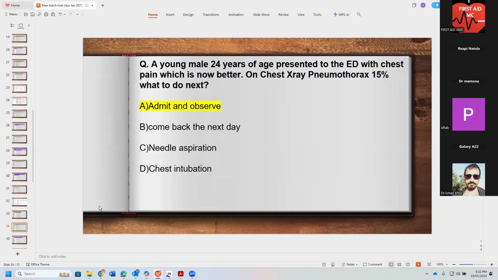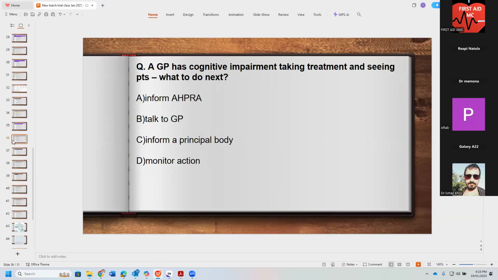So these patients should be given information that they're not supposed to fly in an aeroplane, no scuba diving, no skydiving. In secondary, no matter the size, all need needle aspiration. If needle aspiration is not working, or if it's an extremely large size, chest drain.